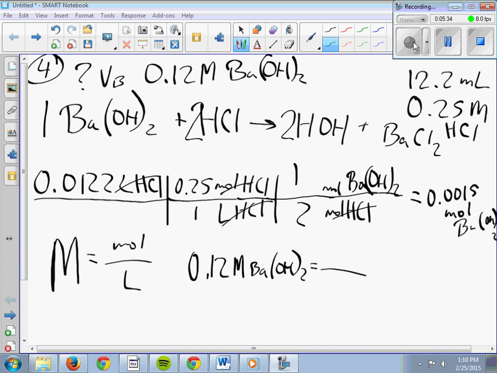I have that now. 0.0015 mole of BaOH2 per liter. So I'm solving for liters, and however you want to do that algebraically is up to you.